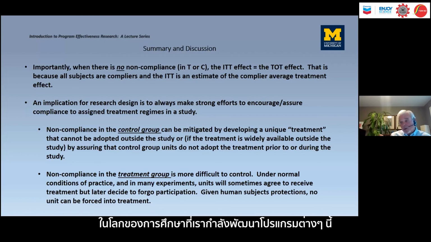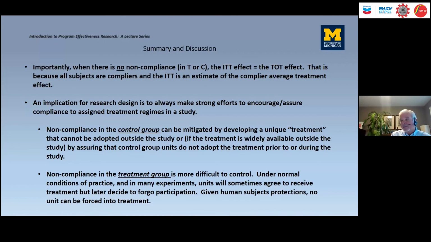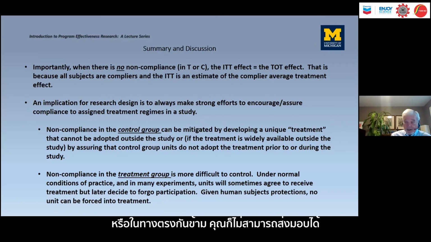In our world of education where we're developing interventions, your intervention could be unique in the sense that it's doing something that no one else is doing, that is delivering a set of unique services that no one else delivers. Or on the other hand, your thing could be not that unique.